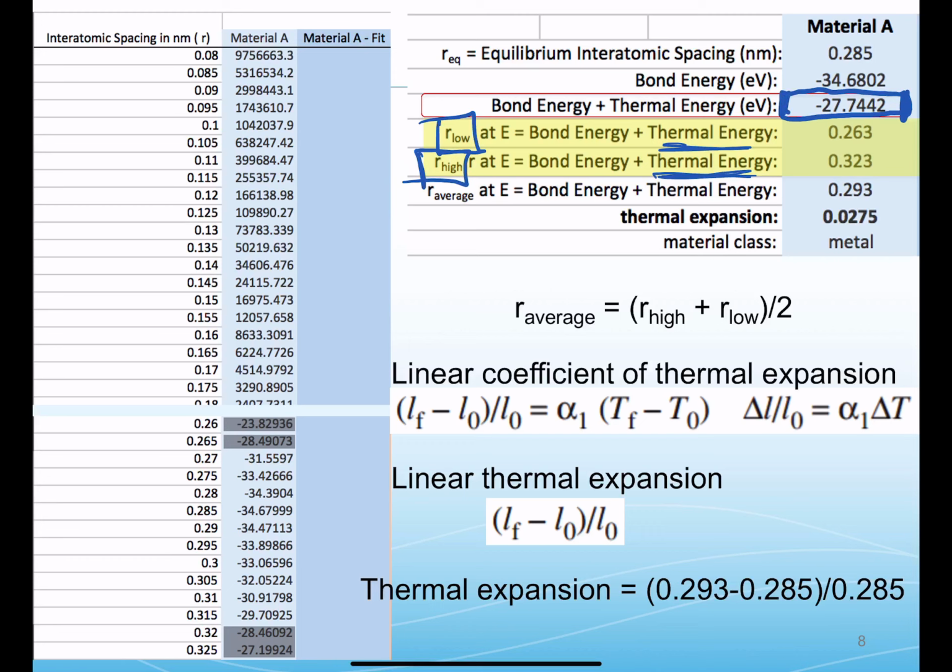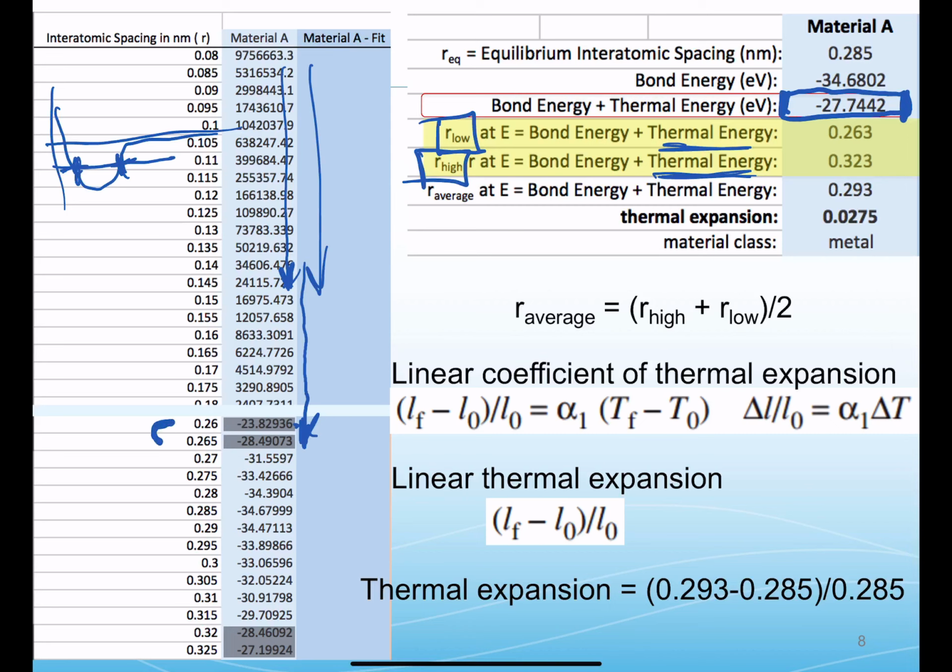So our energy curve, as you recall, should have 2 intersection points, and we should be able to find this value twice, an R min and an R max. So as we walk down this data, we're looking for minus 27.74 electron volts, very large numbers when our spacing is very short, and we're getting closer into the hundreds, and then very quickly we find a value here that's 23.8 negative, 28.5 negative.